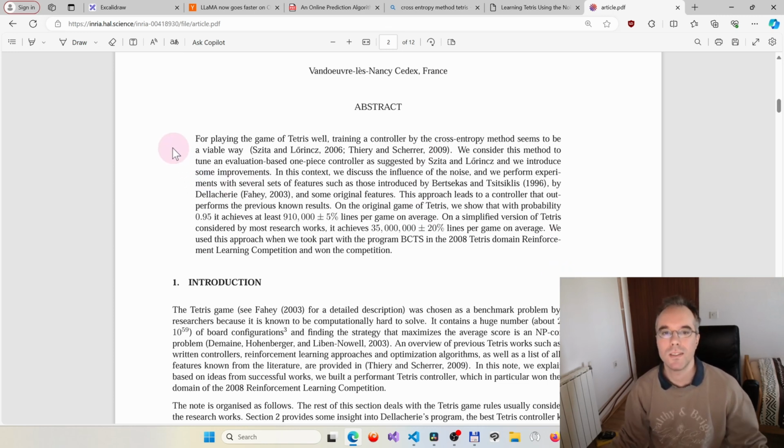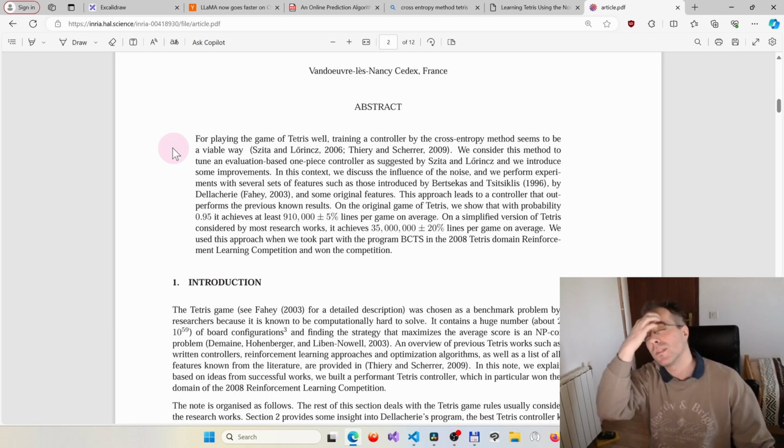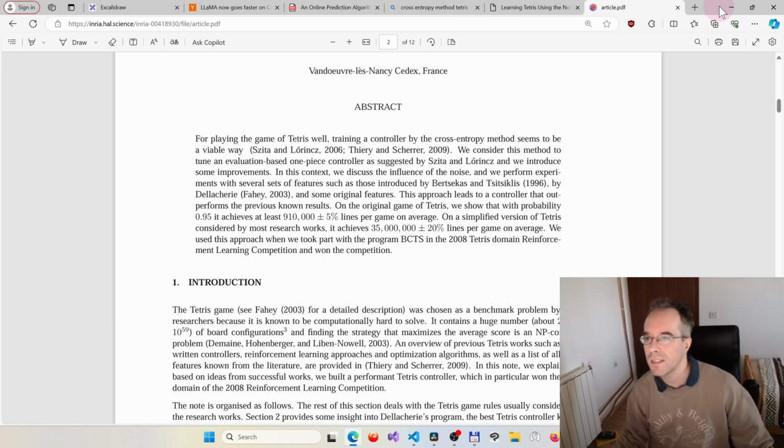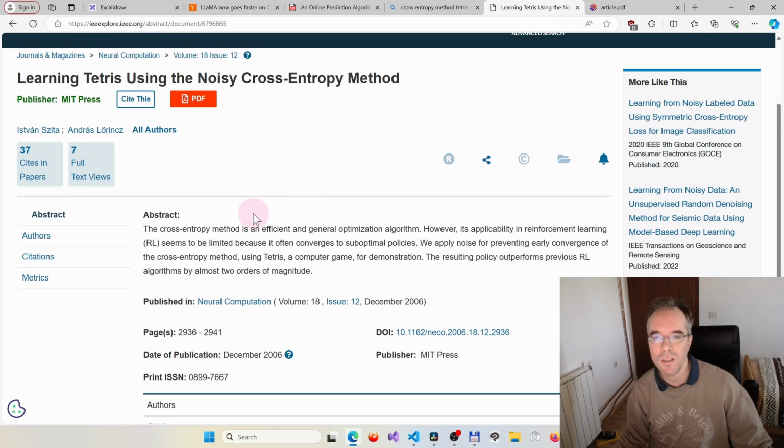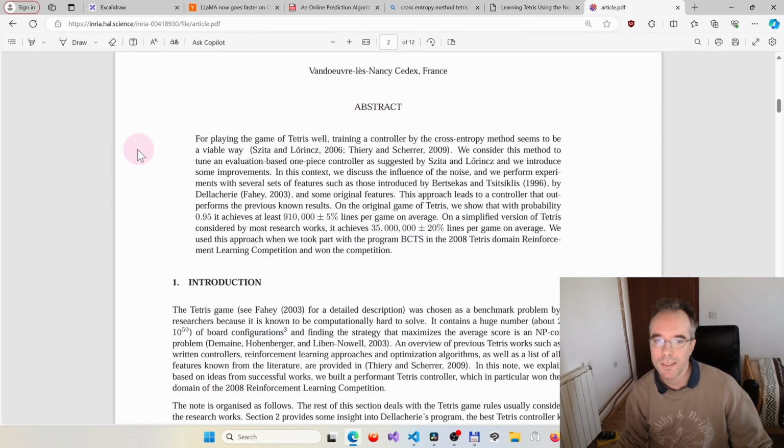Let me quote this abstract. Actually, before I quote it, let me just note: the main innovation in this particular paper is not the cross entropy method, but the fact that they use noise. And this paper has some good graphs, and they elaborate the method.